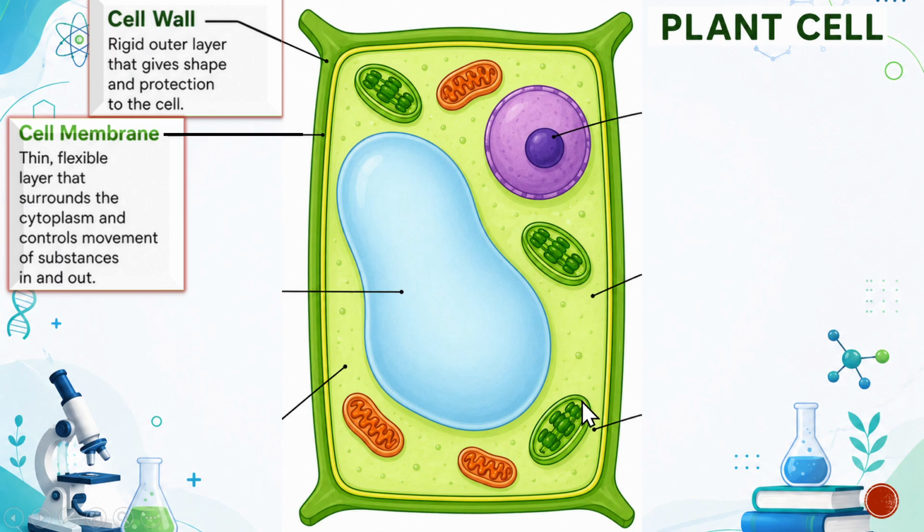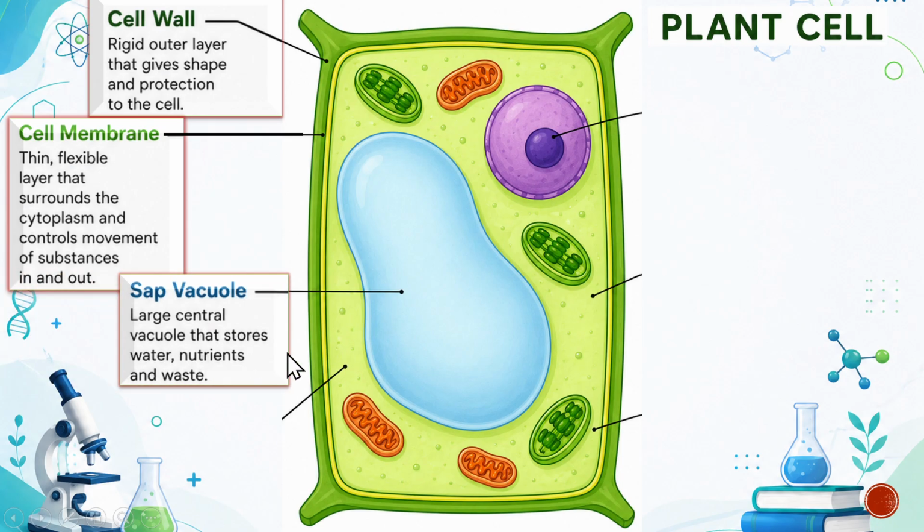You see this internal green part right there, that is the cytoplasm. So the cell membrane surrounds the cytoplasm and controls the movement of substances in and out. Okay, so the cell membrane's function is to control the in and out movement of substances, in and out of the cell. All right, so that is your cell membrane.